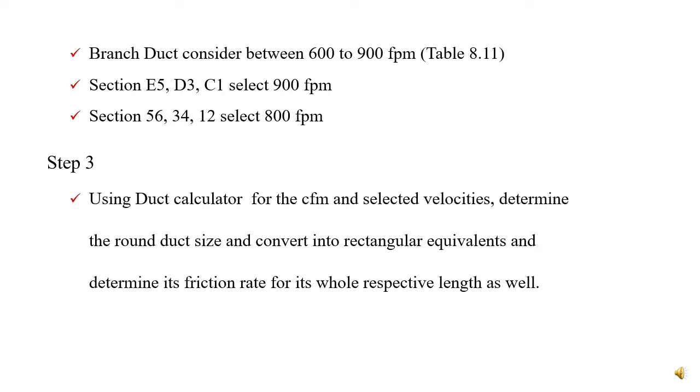Alright, by using duct calculator, as I said before, if you know the CFM and your velocity, then you can determine your duct size, whether it is round or rectangular. But in our case, normally for rigid duct we choose rectangular because it is cheaper when the client doesn't give any specification, or the pressure loss is not that important in the system.